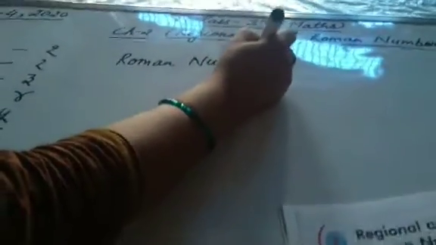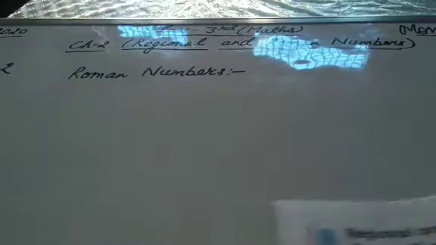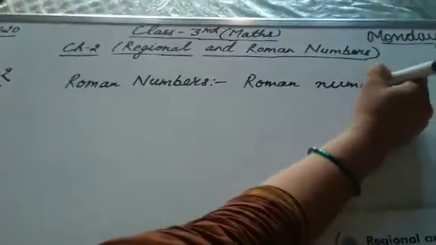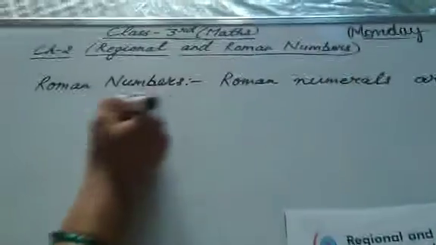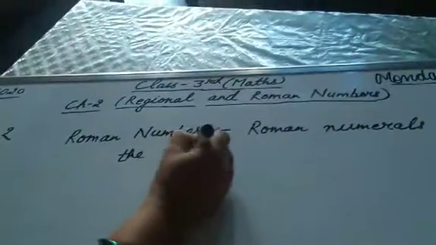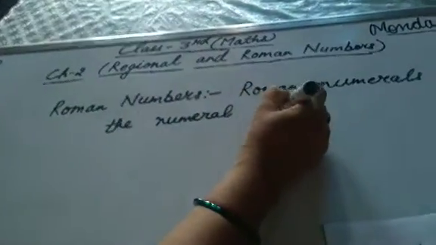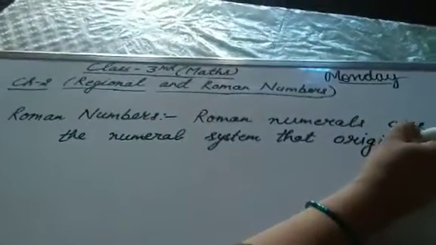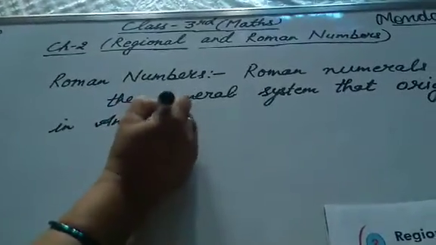Roman numerals. Roman numerals are the numeral system that originated in ancient Rome.